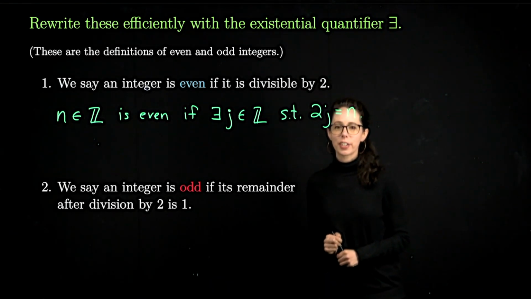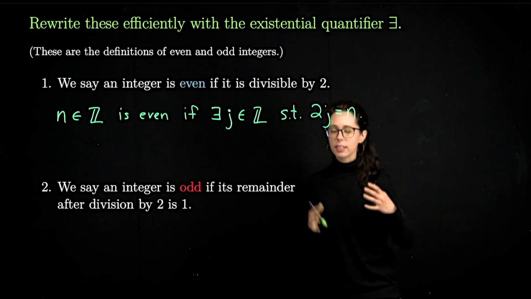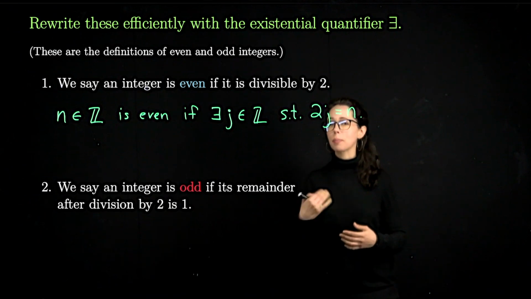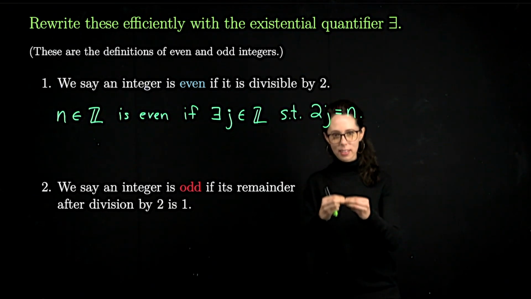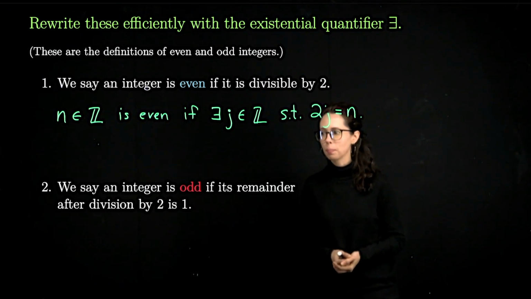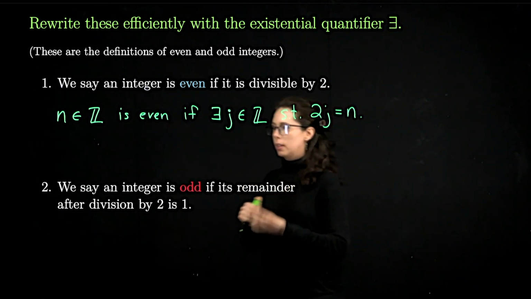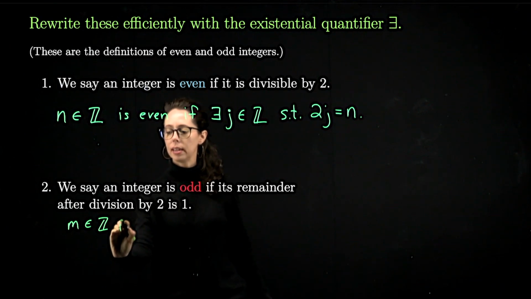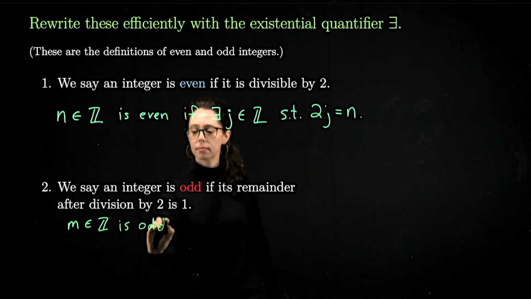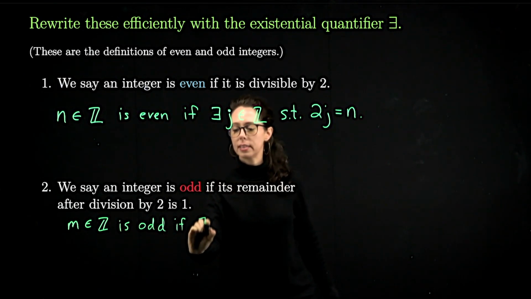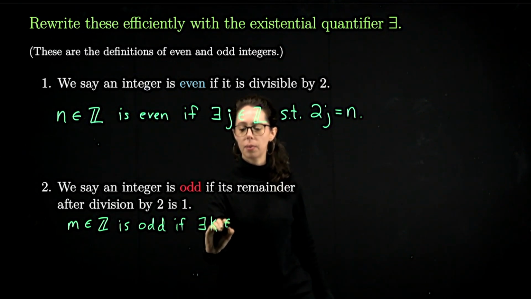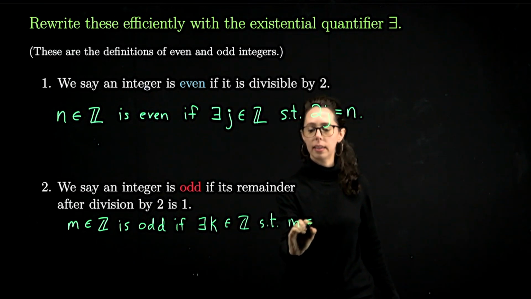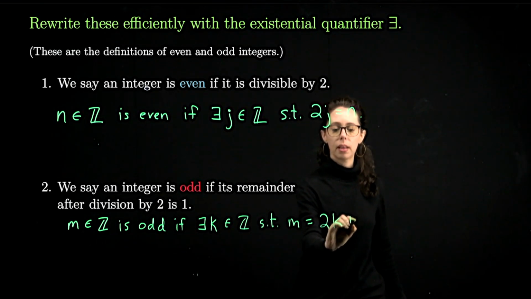For odd integers, we can think of an odd integer as an even integer plus 1. So 11 is odd because it's 2 times 5 plus 1, and the existence of that 5 is what's really key. Okay, so m from the set of integers is odd if there exists a k from the set of integers such that m is 2k plus 1.